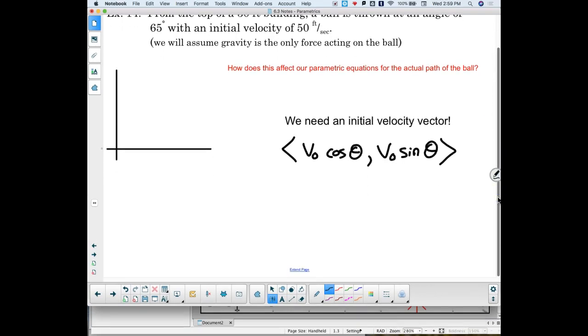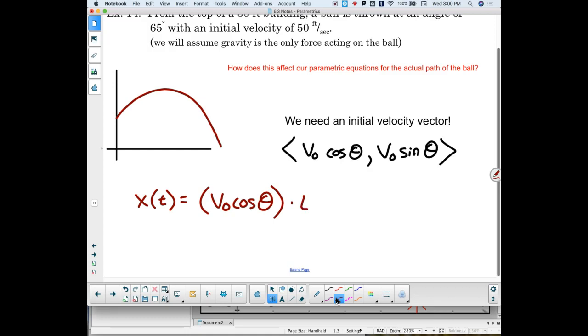Here's how those get added in, to make it so that our path looks like that. So now the x part of our parametric equation needs to bring this in. That's going to be v sub 0 times the cosine of the angle that I'm throwing it at, and all of that is going to be times t. T is not part of the cosine.